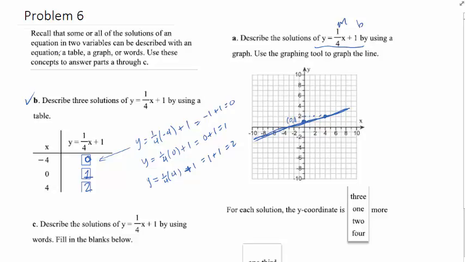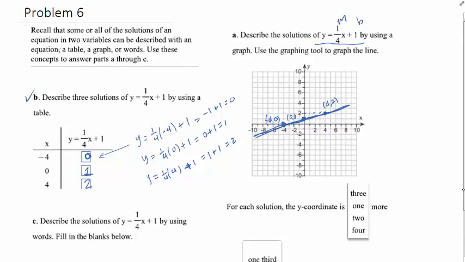When x is equal to 4, y is equal to 2. That's this point over here. And then when x is equal to -4, y is equal to 0, and that would be this point right here. So those are the points that we saw numerically that we can also see in a graph.